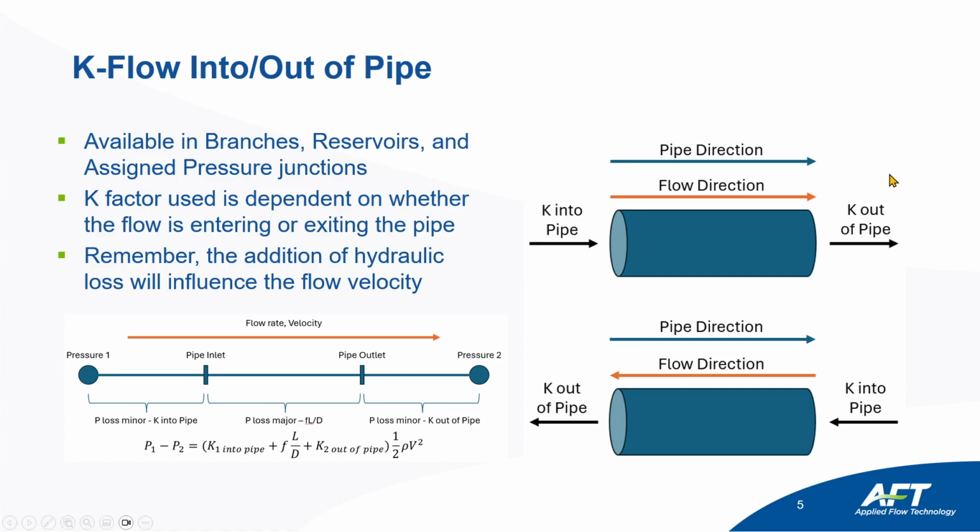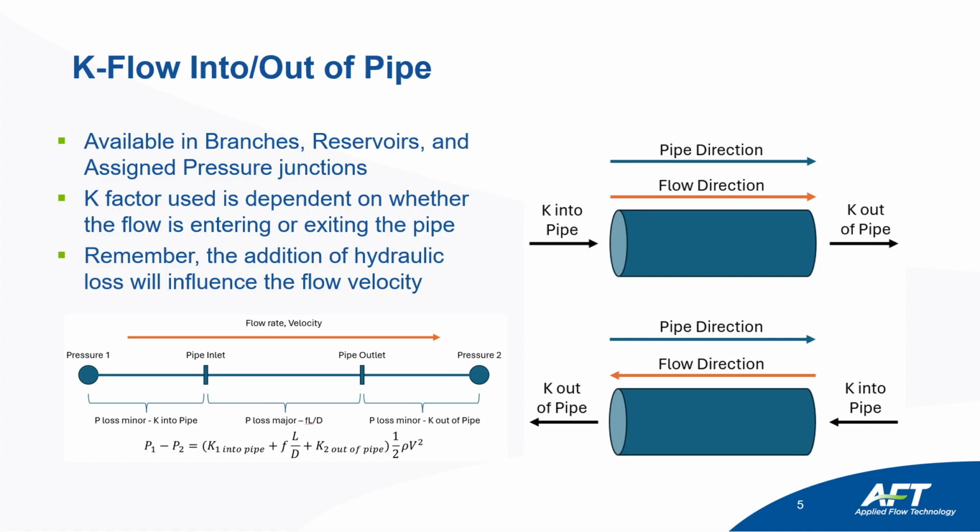Looking at this image on the right, we have a pipe direction going to the right, we have a flow direction going to the right, so they're all in one direction with each other. The software will apply your K into pipe, being the flow into the pipe, trying to be as self-explanatory as possible there. And then it will be using the K out of pipe for any flow leaving the pipe.